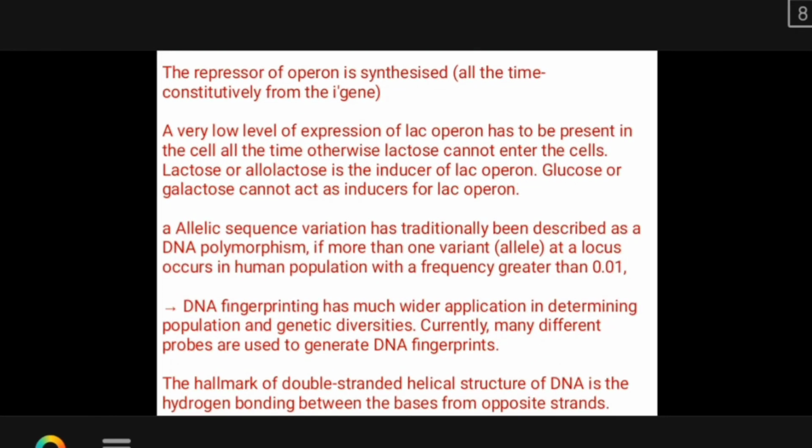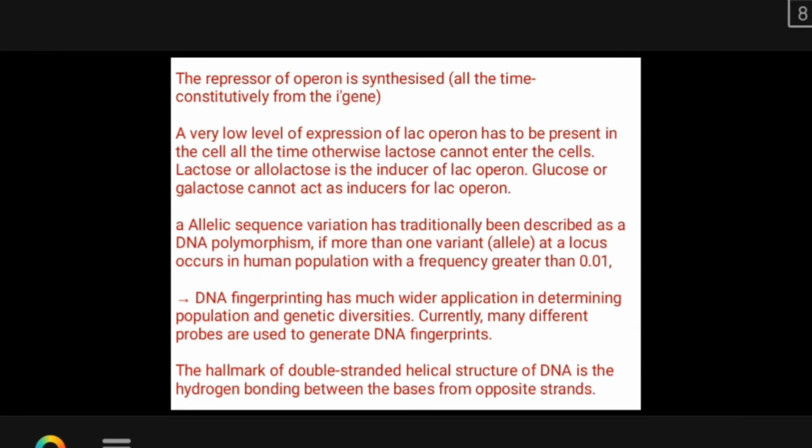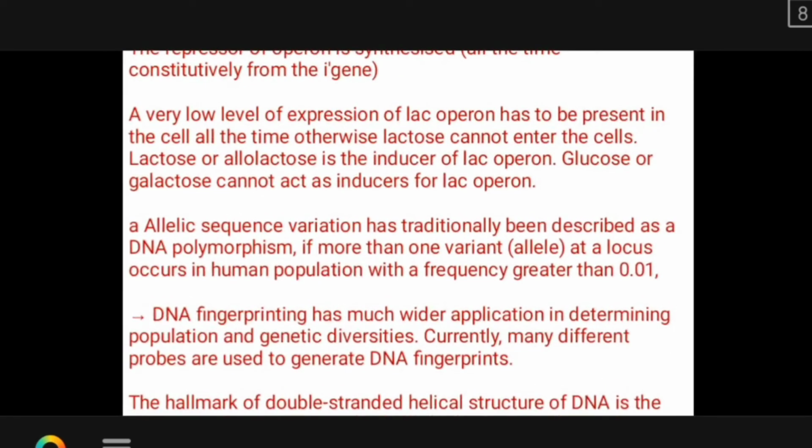These are a few important points I have written here. Make note of this. First, the repressor of the operon is synthesized all the time, constitutively, from the I gene. That's why the I gene is called a constitutive gene, because it is always expressed. A very low level of expression of the lac operon has to be present in the cell all the time.